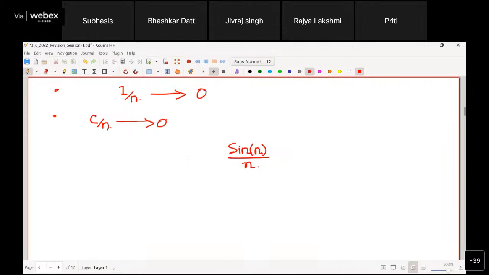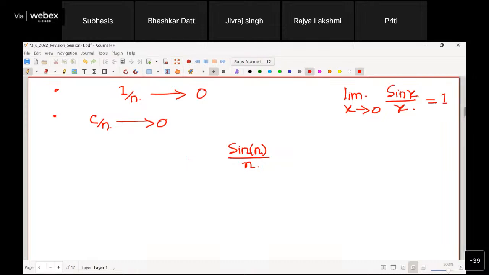But whatever you are saying, you are correct, this is 0. The thing is, you are actually mixing two things. What you are actually computing is the limit of sin x by x as x tends to 0, which is 1. By remembering this fact, you are saying the limit of the sequence is 1.